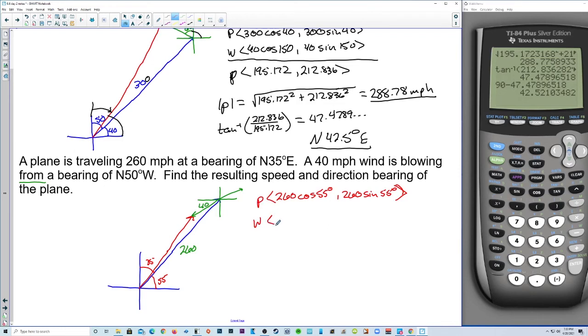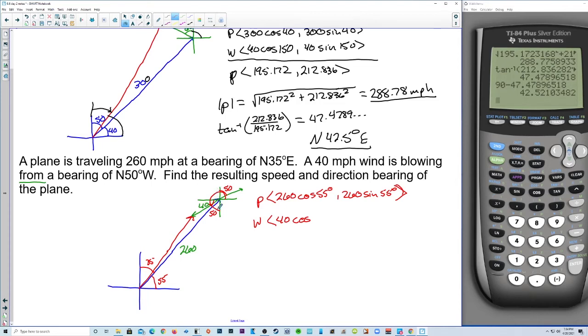The wind is 40 cosine of, let's see, this 50 degrees, this right here was 50 degrees. And so that means that this right here is 50 degrees. But we need the unit circle measurement for that. And it's 50 degrees short of 270, really.